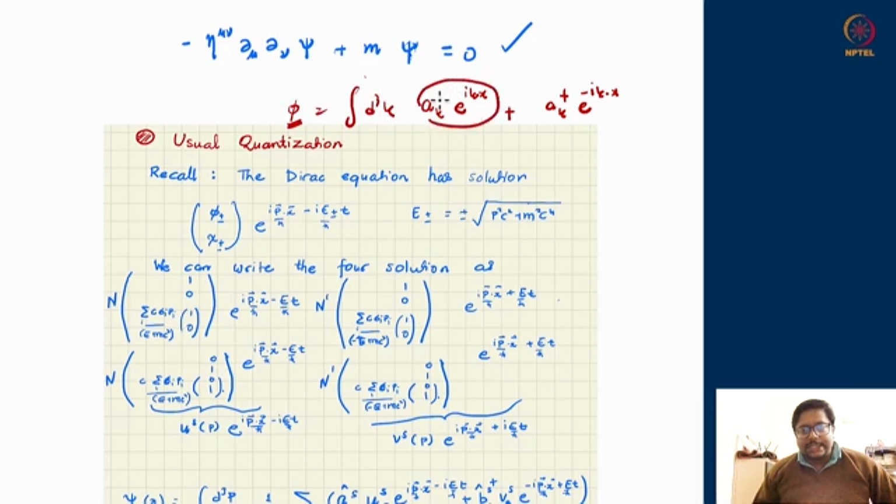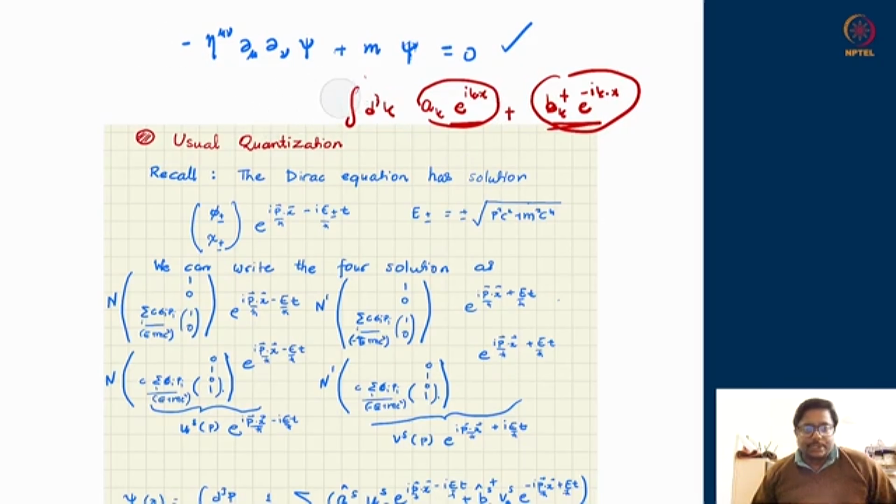For this and that to become Hermitian conjugates of each other, you obtain a real phi. But suppose you drop the requirement of having a real phi, then there is no reason that these quantities should be Hermitian conjugates of each other. In principle, I can put a different b of k over here and then get my business done. Initially, remember, we had started doing the business like that, and then we imposed the reality condition.